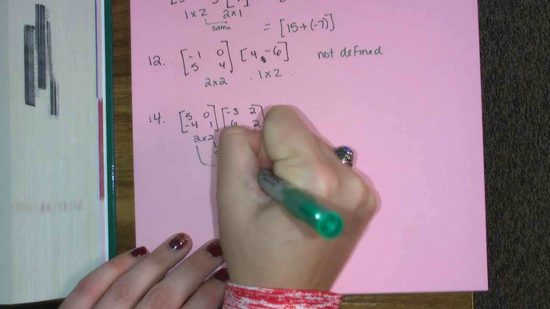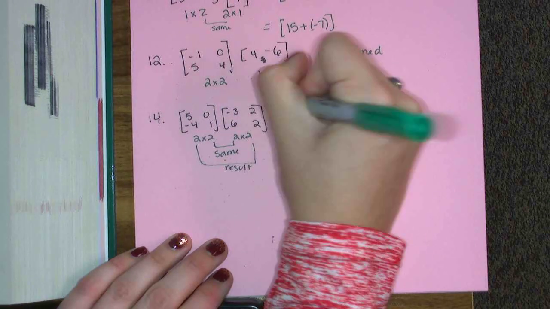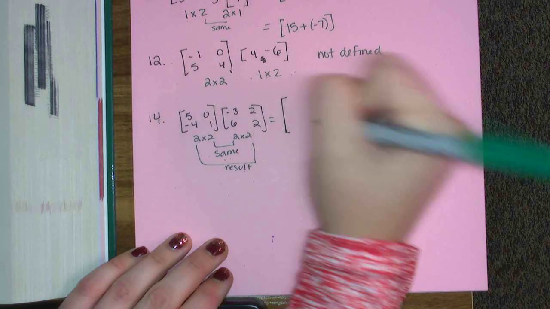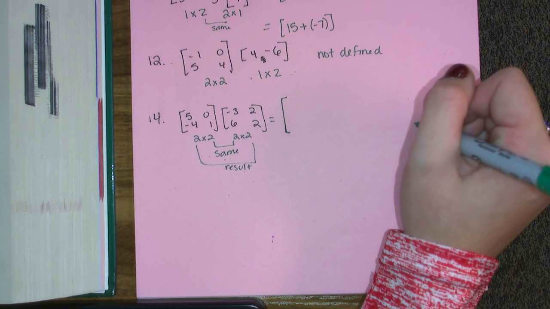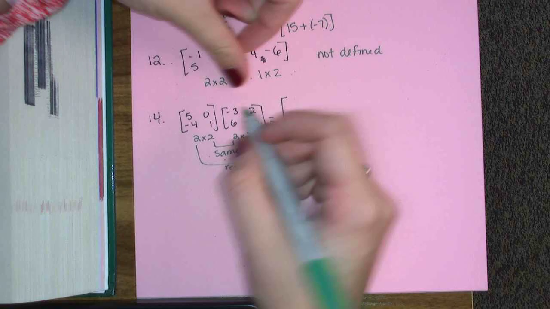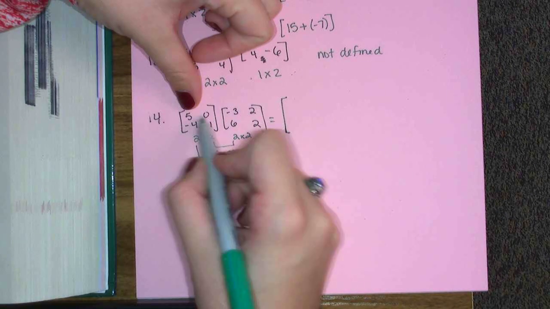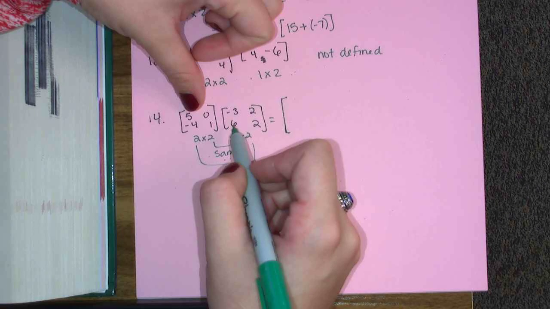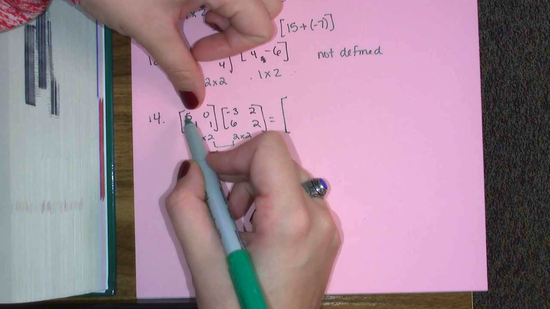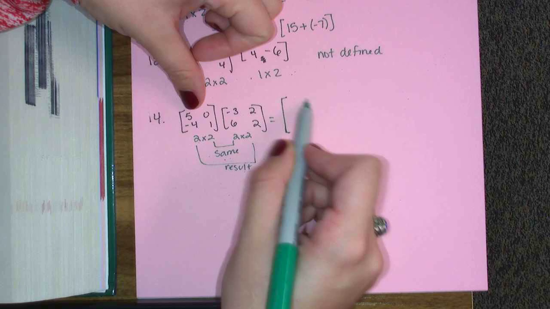Now, when I do this, I wouldn't even close off the right side because of space. So when you're doing this, you do the first row times the first column. That's how you get this first number up here.